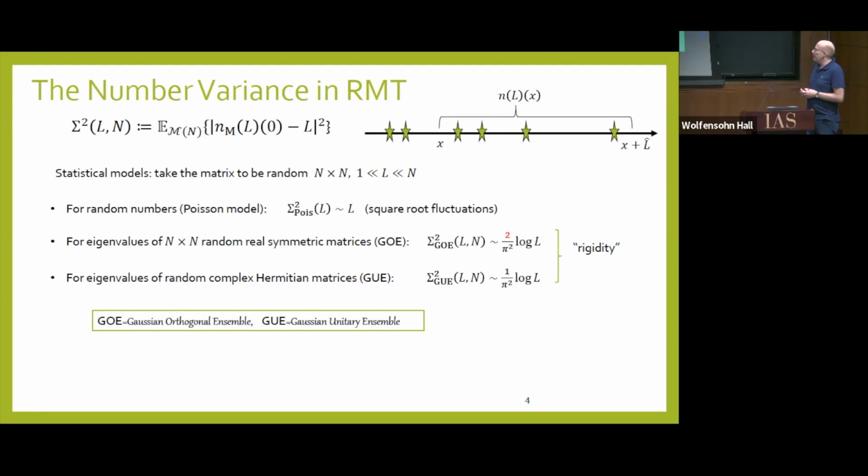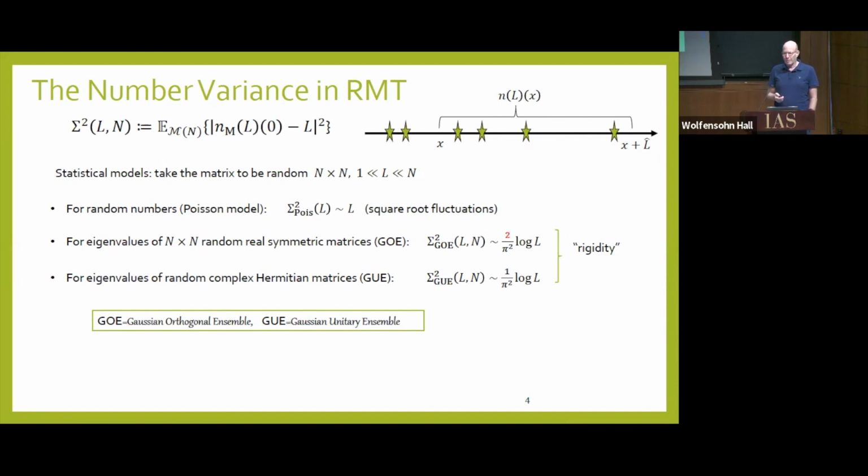On the other hand, if you take either GOE or GUE or COE or CUE, then the number variance is much, much smaller. It grows logarithmically with the expected number of eigenvalues that you're looking at. This is something that I think was known to Dyson.